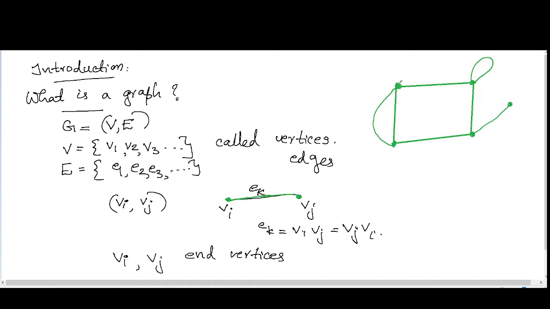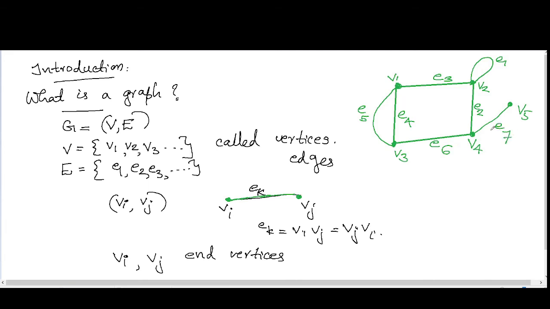Now we can name the vertices as V1, V2, V3, V4 and V5. We can name the edges also. Here E1, here E2, E3, E4, E5, E6, E7.